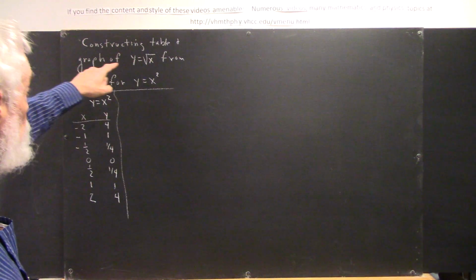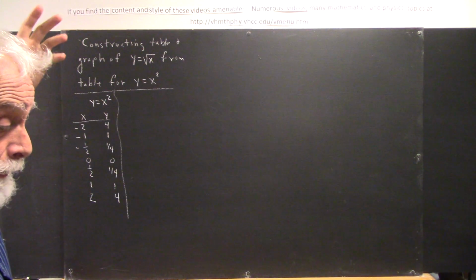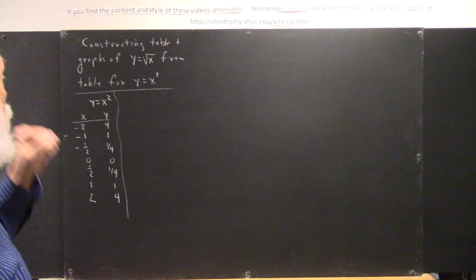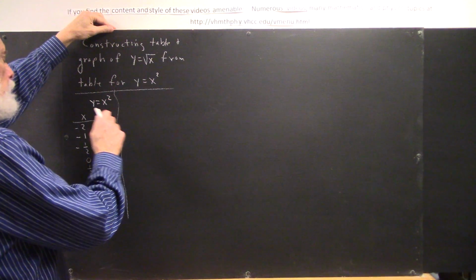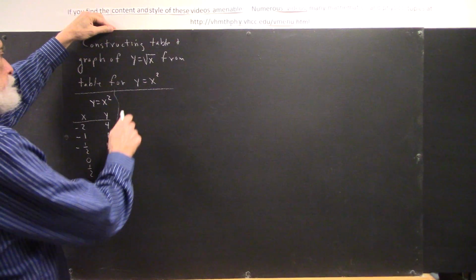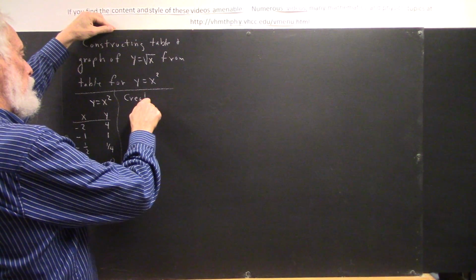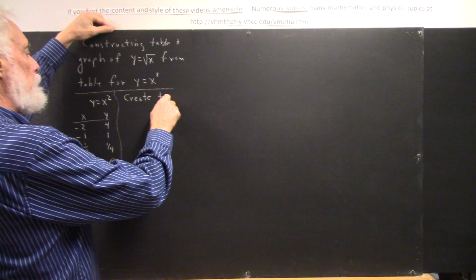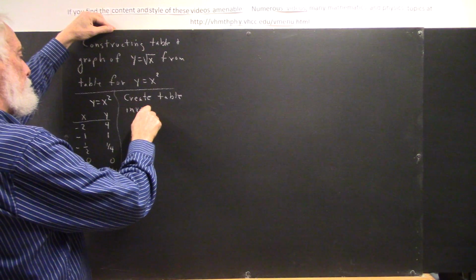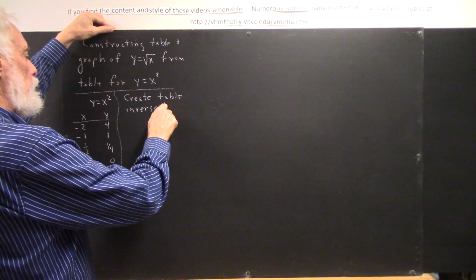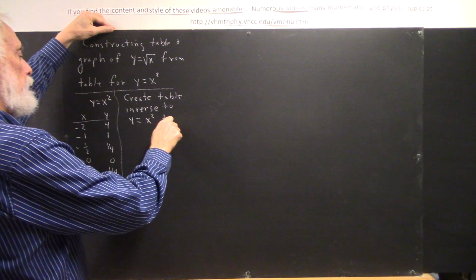Now, in order to construct the table for y equals square root of x, what we do is create a table inverse to the y equals x squared table.